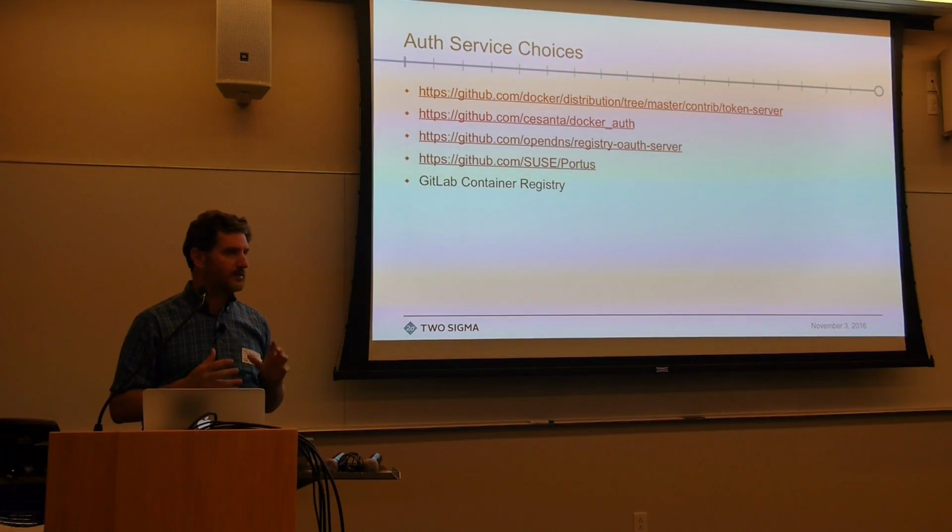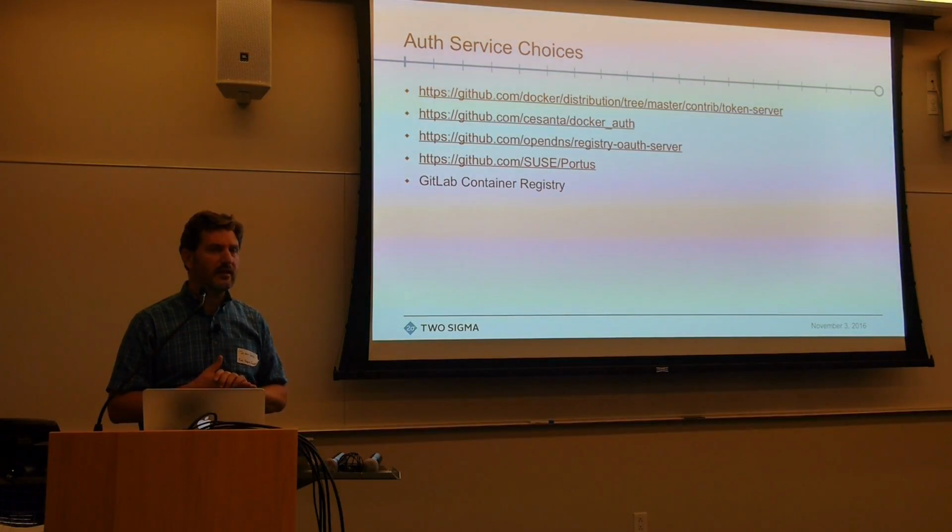It's written in Go. It's basically just an outline of how you would write one of these things, but it's a place you could start if you wanted to customize one. The second one there is also written in Go, but it's more full-featured. So particularly if you're comfortable with Go, that's probably a good place to start.